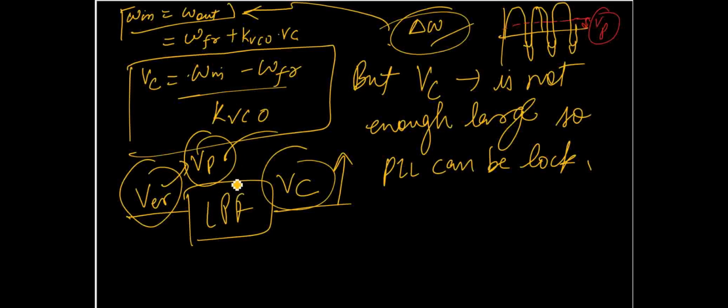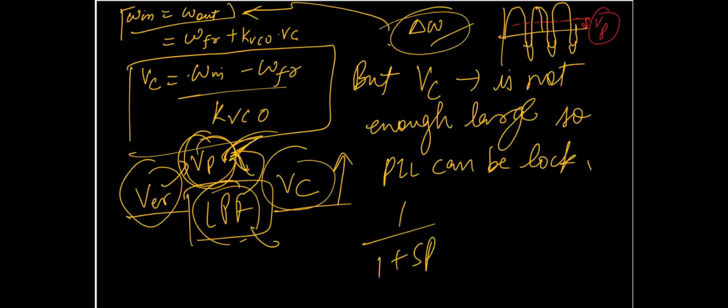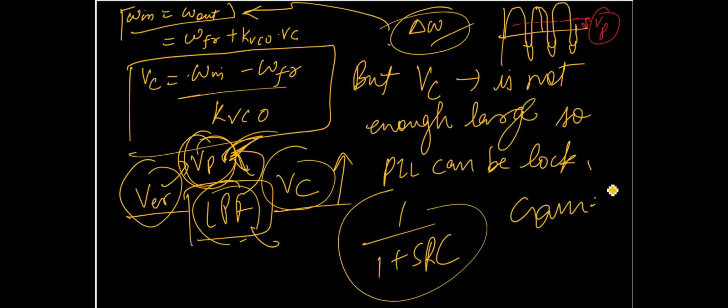To amplify this Vp, we can use an integrator, right? Since an integrator has infinite gain, we can use that and amplify this, and our problem is solved. We can't use a low pass filter to amplify this, because the gain of the low pass filter 1 by SRC is 1. So it won't be amplified, but we want to amplify this voltage error Vp.